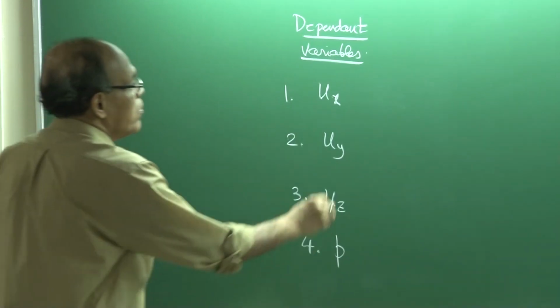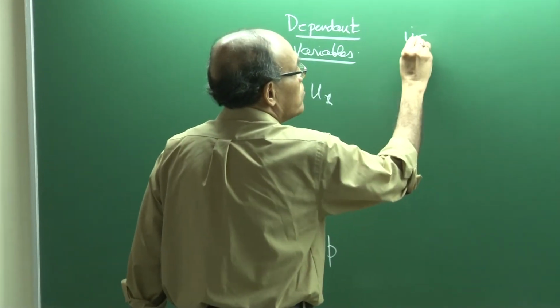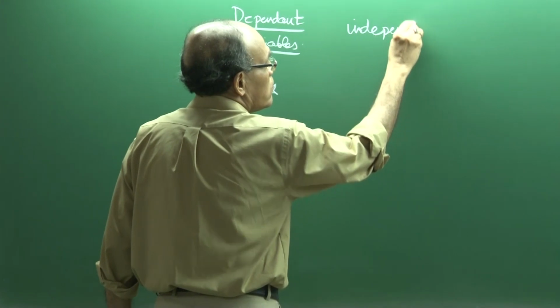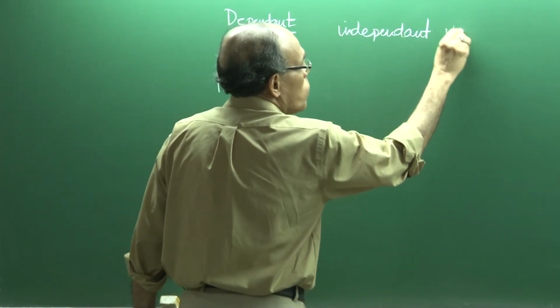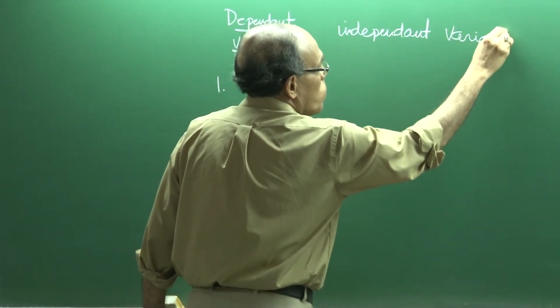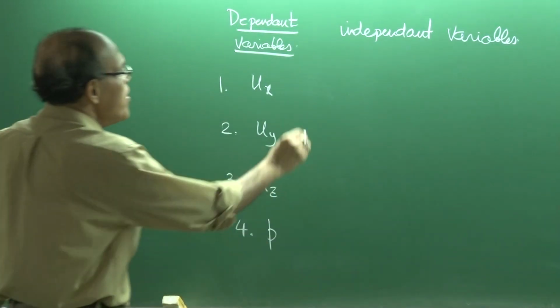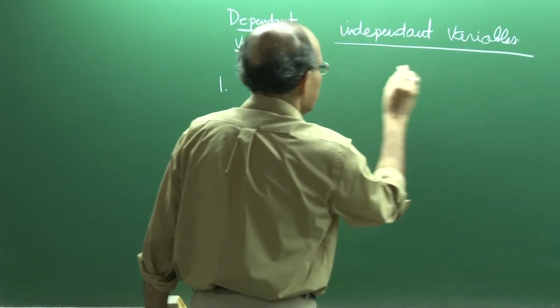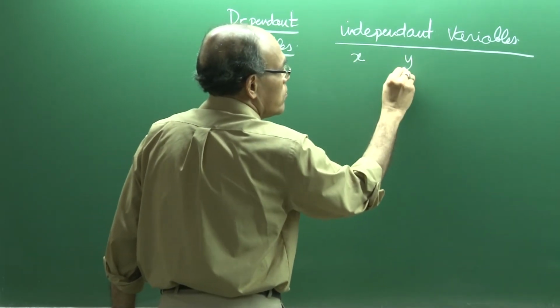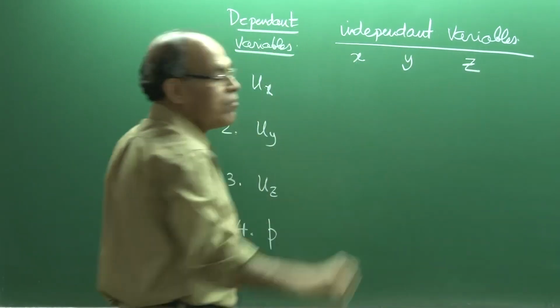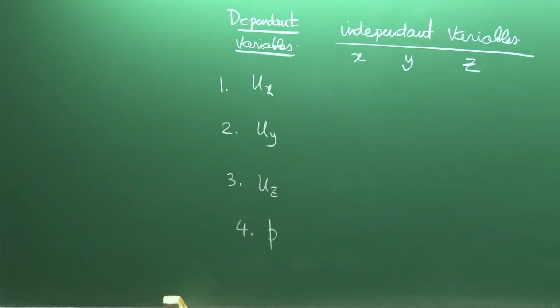Now, we will write down the independent variables, and these independent variables we have, as you know, x, y, z and time.